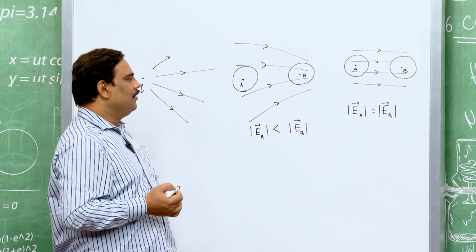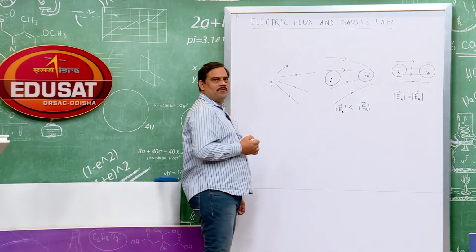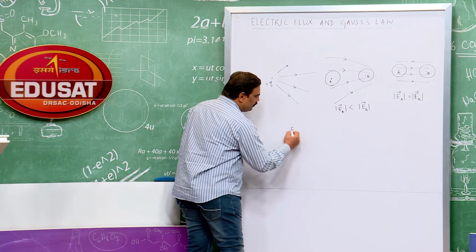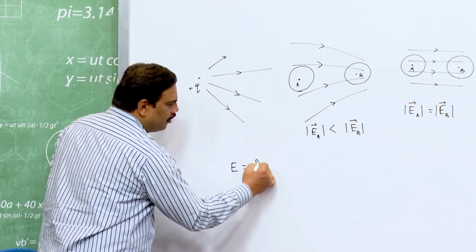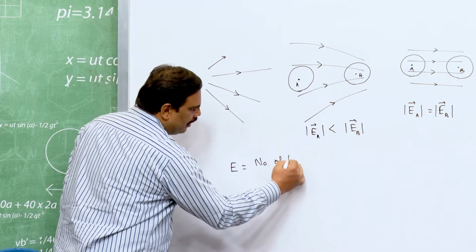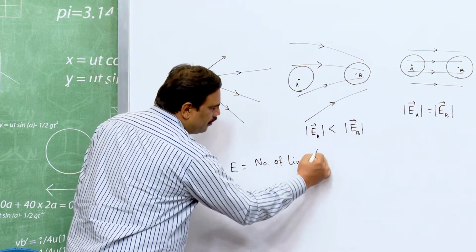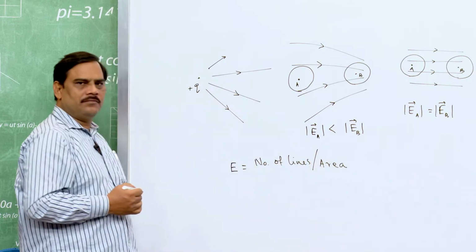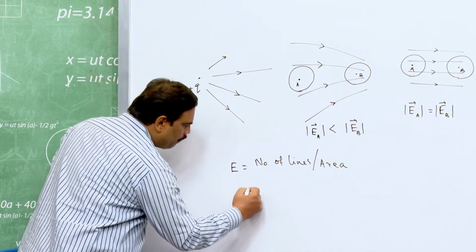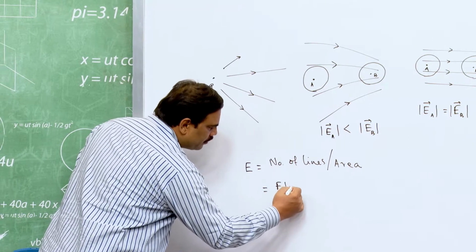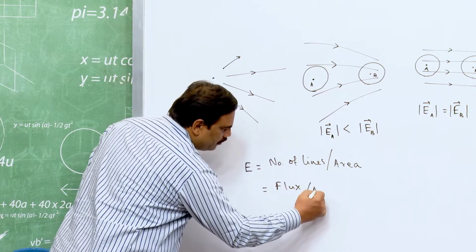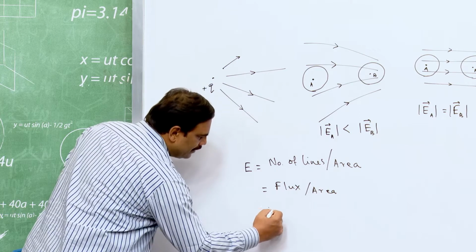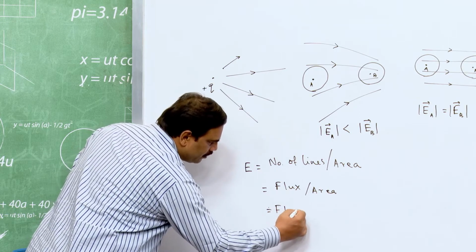So, we can define electric field E as the number of lines per unit area, or we can say it is flux per unit area, or we can say flux density.